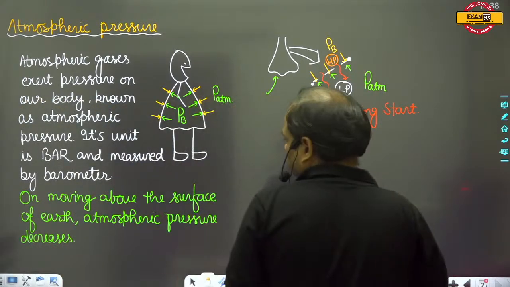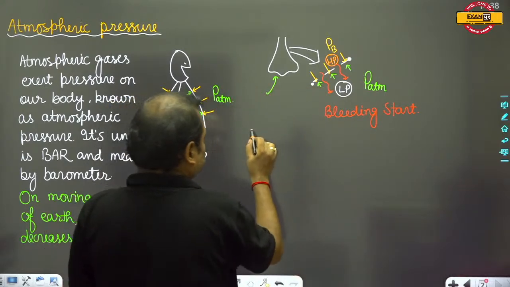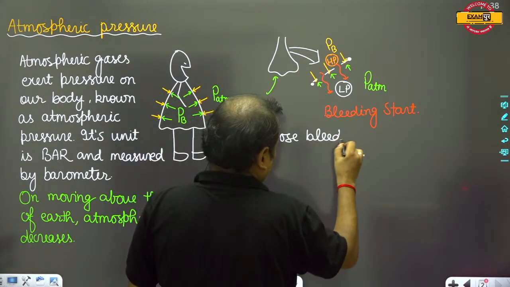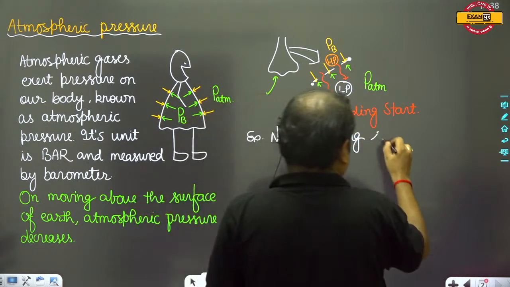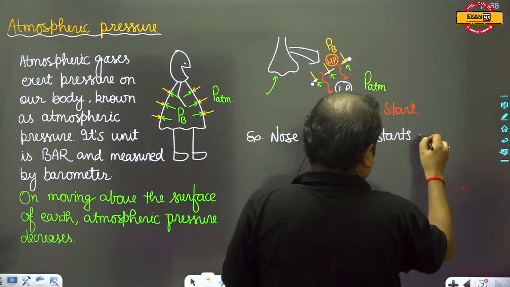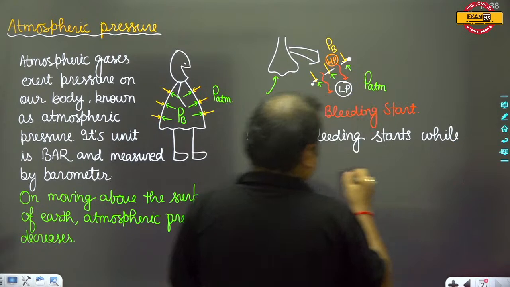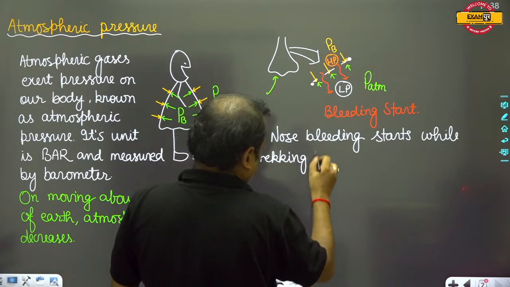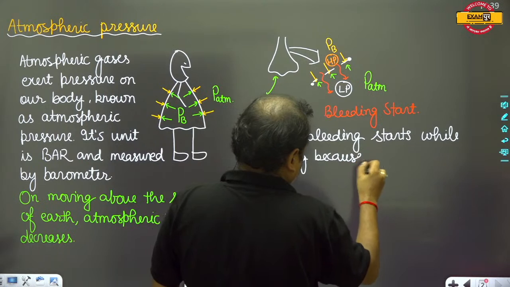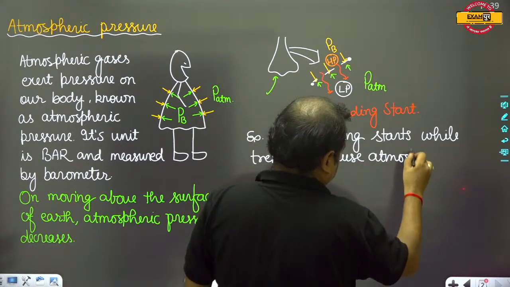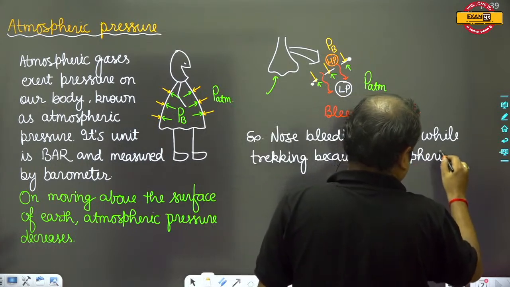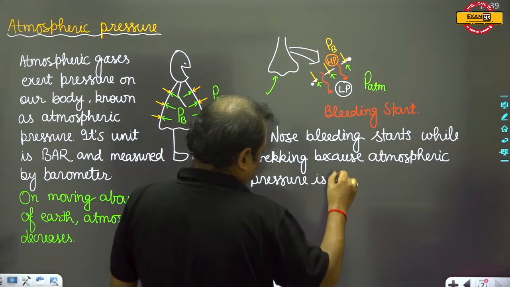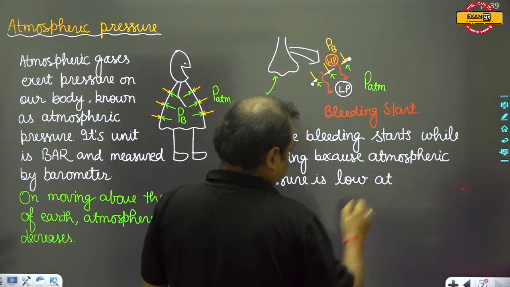Okay, now the examples. Nose bleeding starts while trekking because atmospheric pressure is low at high altitudes.